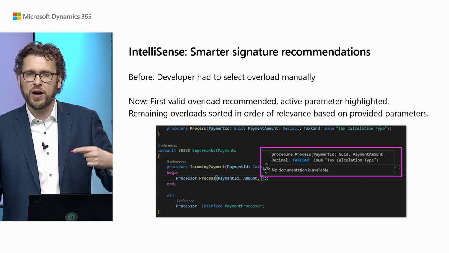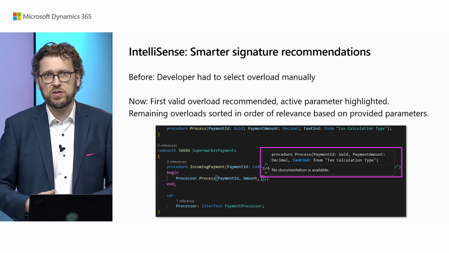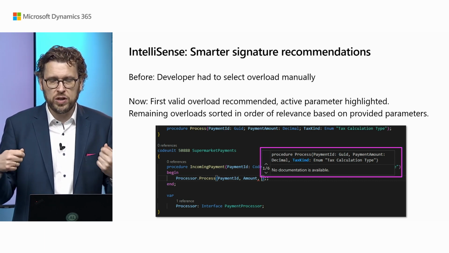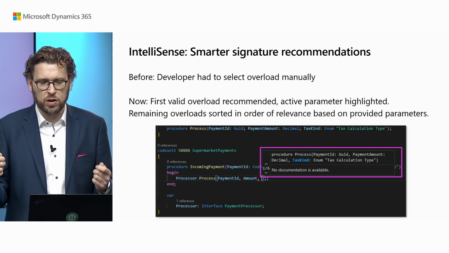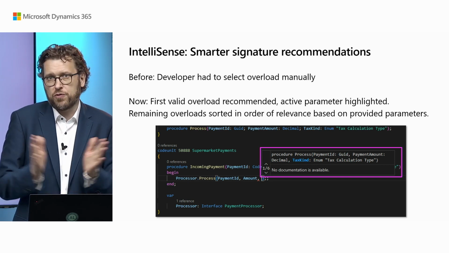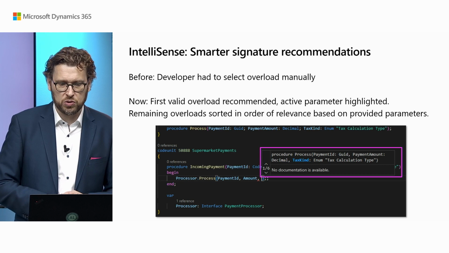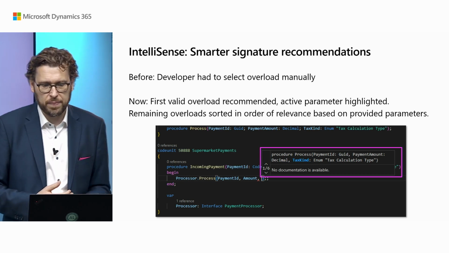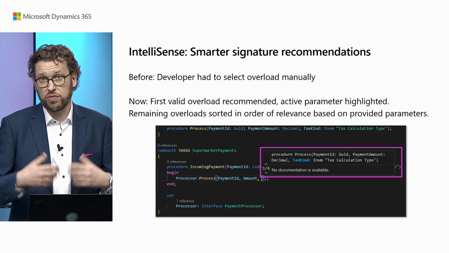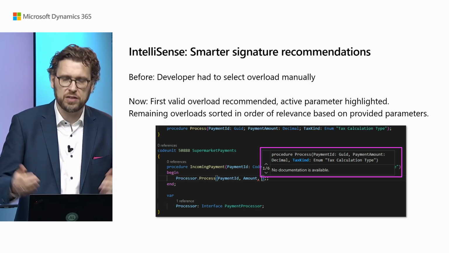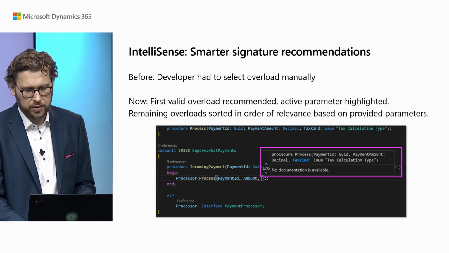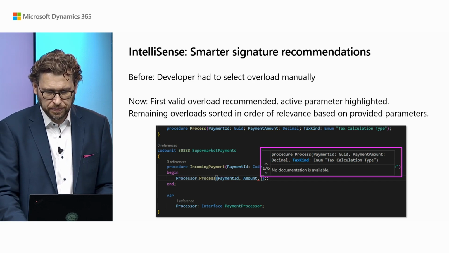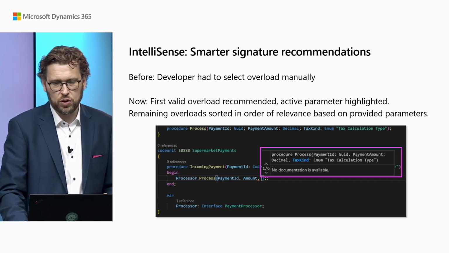But now we will try to match the parameters that you specified so far, and then reorder the suggestions so that the first is the best match to what you've written so far. And then we order the remaining ones based on the provided parameters. That just makes it easier for you to work with methods with overloads.